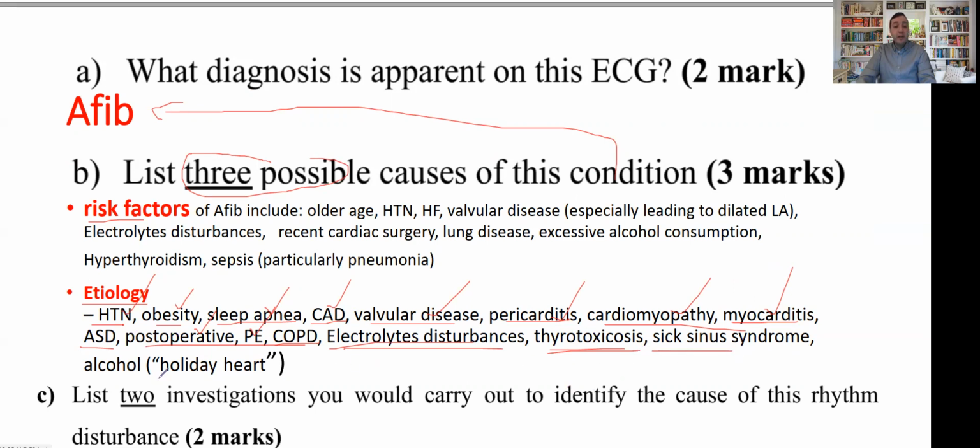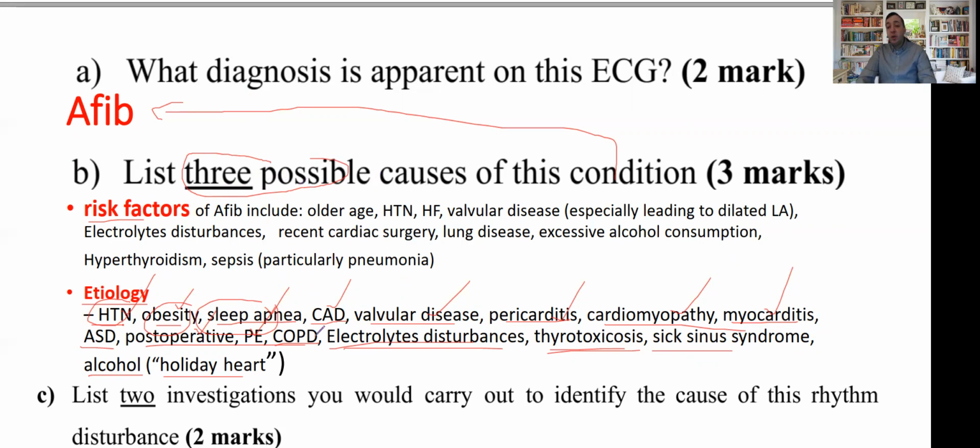Sick sinus syndrome, which is a cardiovascular type of arrhythmia, and alcohol, which is called holiday heart. So this is the etiology. He's asking about three possible causes. It could be hypertension in this scenario because the blood pressure is high. Could be obesity in this scenario. It could be sleep apnea in this scenario.